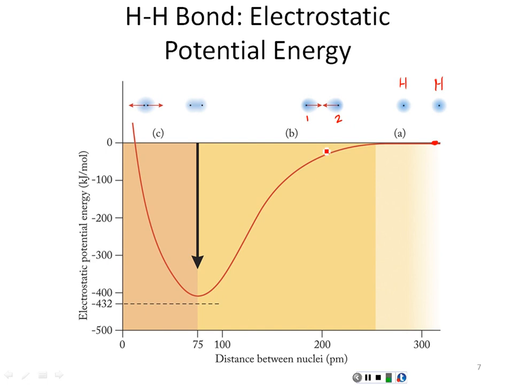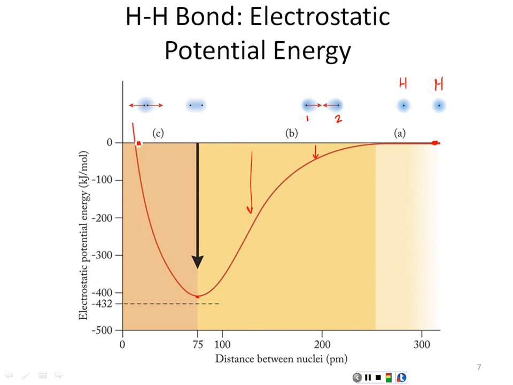And what that does is it lowers the potential energy, because we have this attractive force. As they keep getting closer, the potential energy keeps getting lower and lower until we reach a minimum. Then if you keep getting closer from this point, the nuclei get close enough that they start repelling each other.